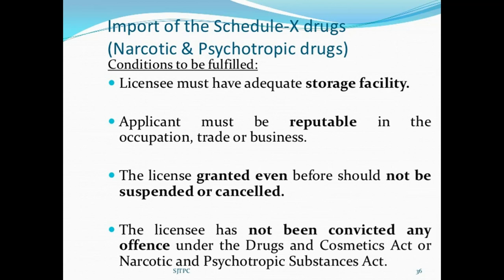Any psychiatric medicine, that is, some psychotropic medicine, cannot be handled by an unbalanced person. So having a sound trade business, he can do this. A license granted earlier should not have been suspended or cancelled, and the licensee should not have been convicted of any offense under the Drugs and Cosmetics Act earlier. If these conditions are met, he can import Schedule X drugs.